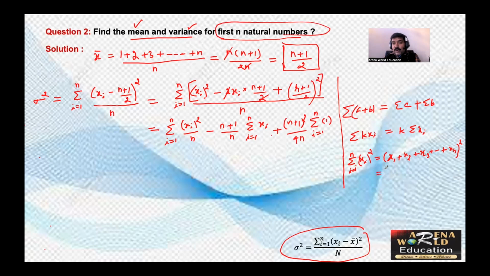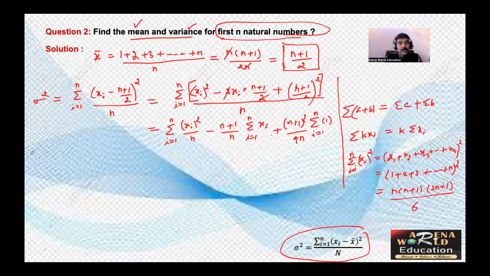So this is equal to 1 plus 2 plus 3 plus and so on up to n whole square. And always remember, what is the square of sum of first n natural numbers? This is simply n into (n+1) multiplied by (2n+1) divided by 6. So this one is very important formula.